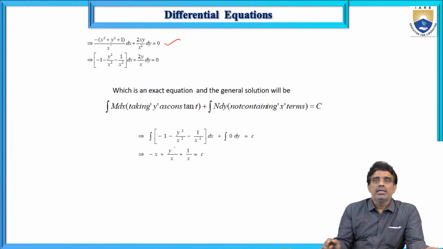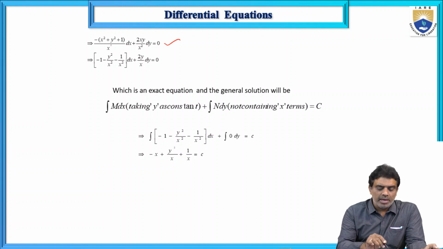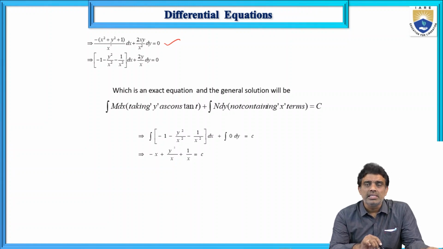This is the exact equation. Simplifying: the first term x²/x² is 1, the second term is y²/x², and the third is 1/x², so -(1 + y²/x² + 1/x²) dx + (2y/x) dy = 0.